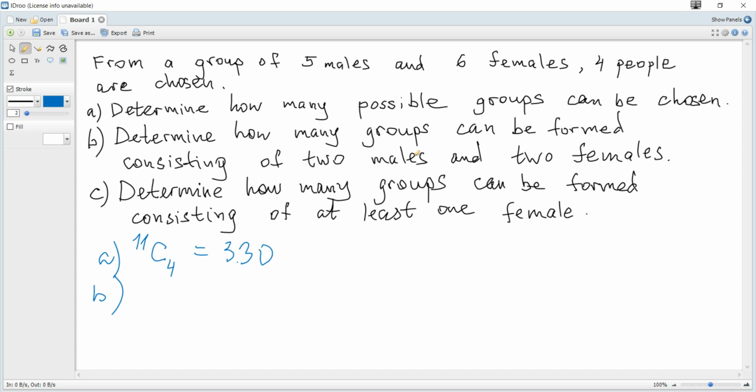So we need to choose 2 males out of 5, and again it's a number of combinations 2 out of 5 multiplied by a number of combinations 2 out of 6.